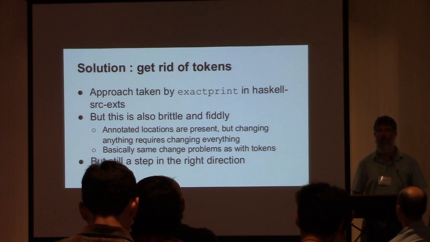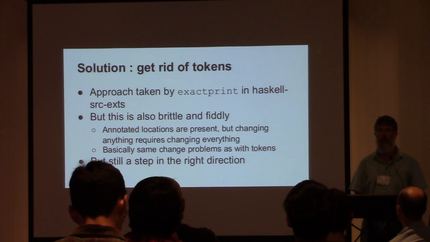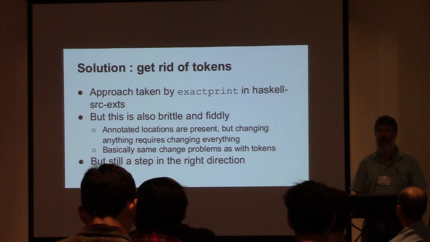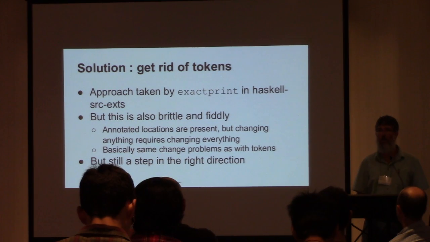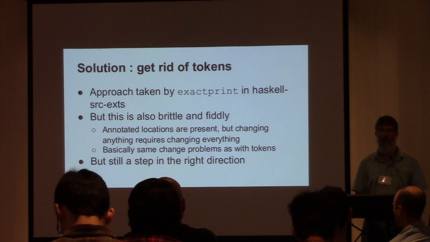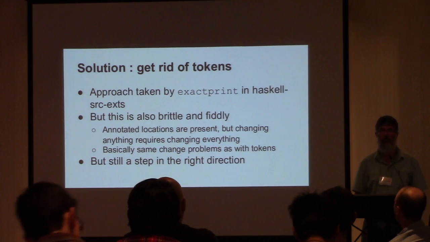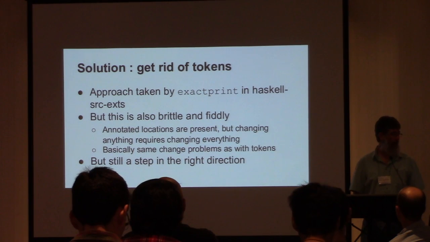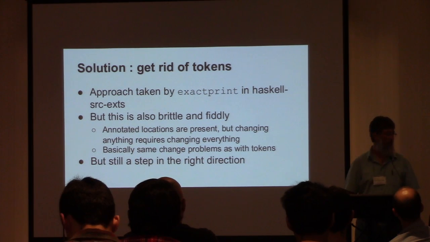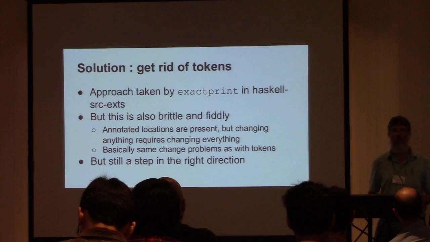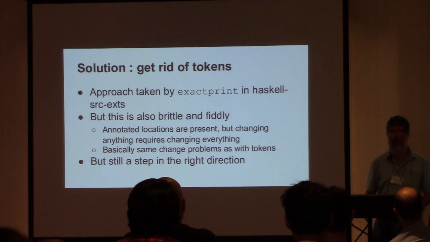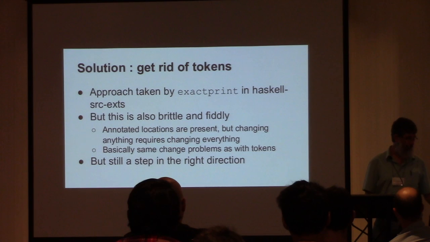But it suffers from the same problem as the token stream in GHC's AST, in that you're still fiddling around with very exact locations. To change any one part of it, you've got to pretty much change everything. It was the same problem we had with the tokens. But at least you didn't have to mess with the tokens. You could work with the AST, so it's a step in the right direction.